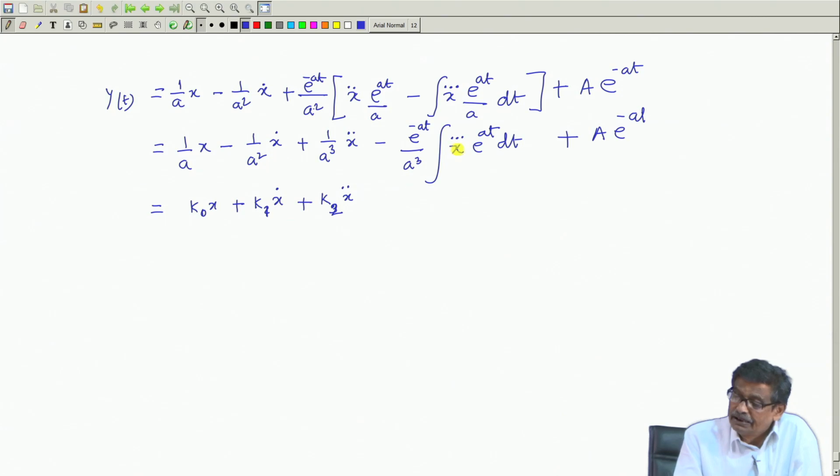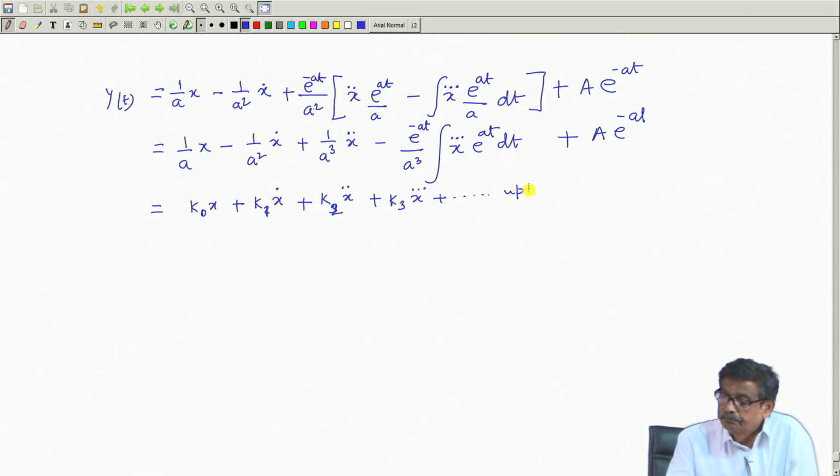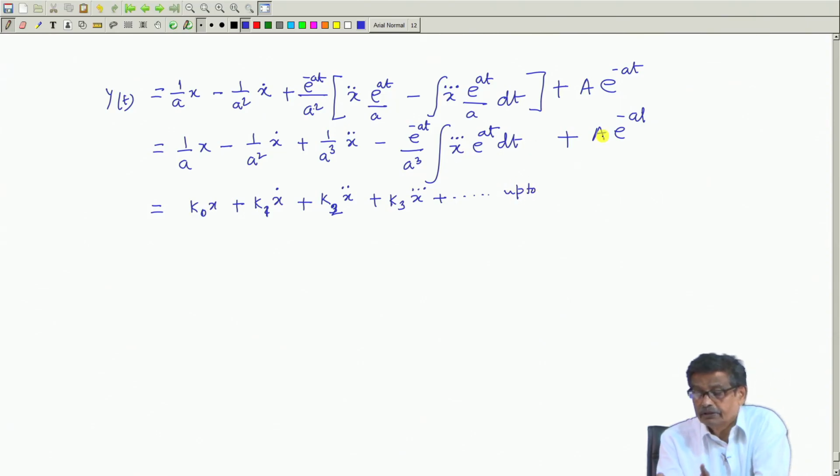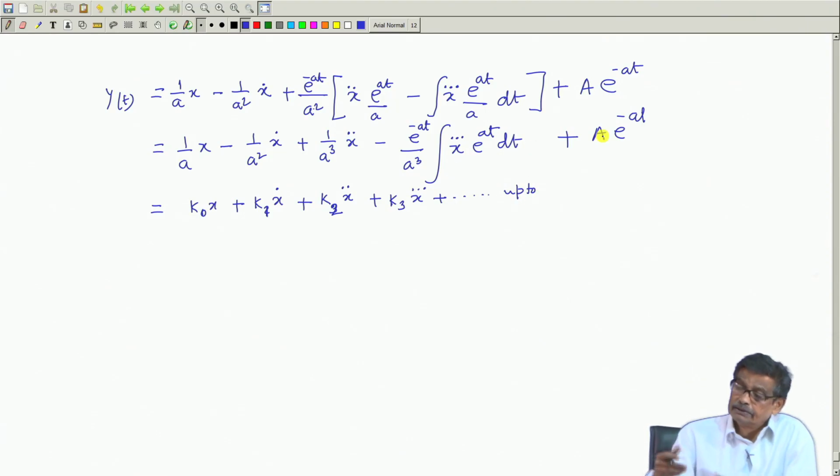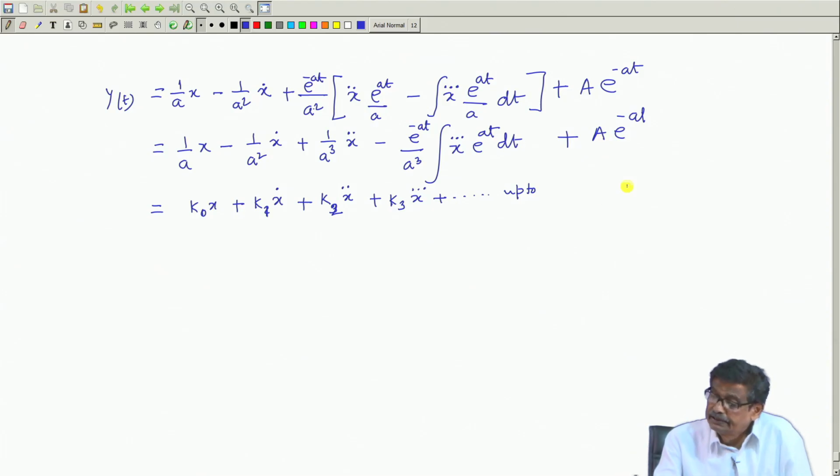Similarly, if you proceed like that, it will give rise to x triple dot, and it looks like it will go forever up to infinity. Go on splitting this one and you will get terms like that, up to infinity, infinite terms, plus a into e to the power minus a t.